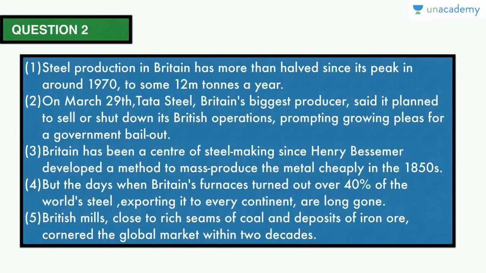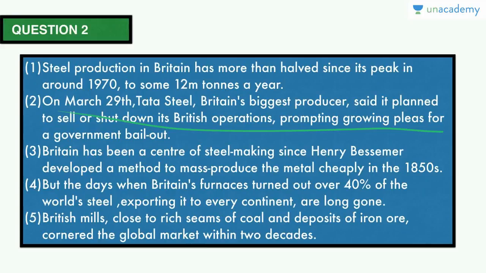Okay, steel production in Britain has more than halved since its peak in around 1970 to some 12 million tons a year. On March 29th, Tata Steel, Britain's biggest producer, said it planned to sell or shut down its British operations, prompting growing pleas for a government bailout.